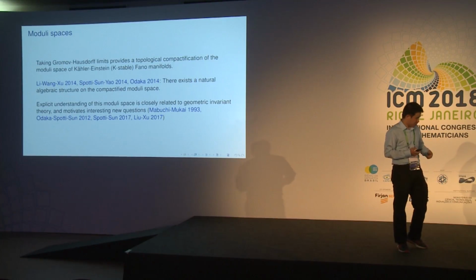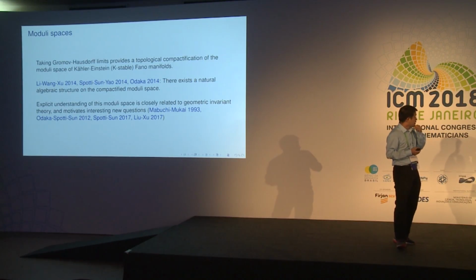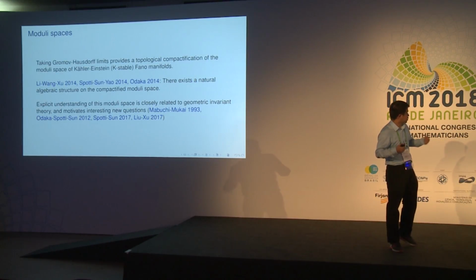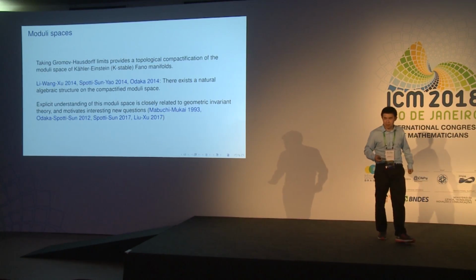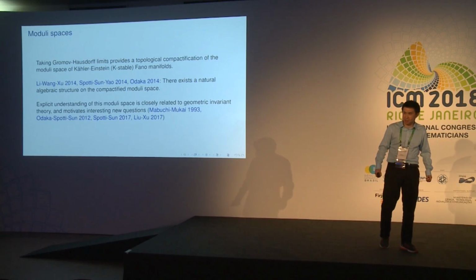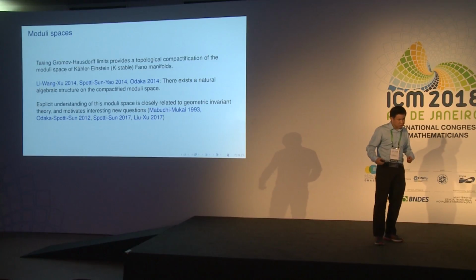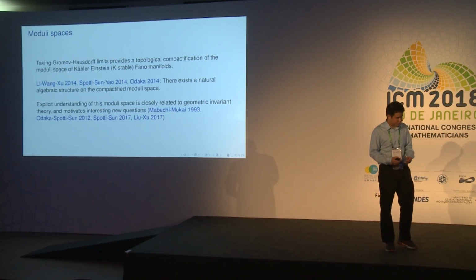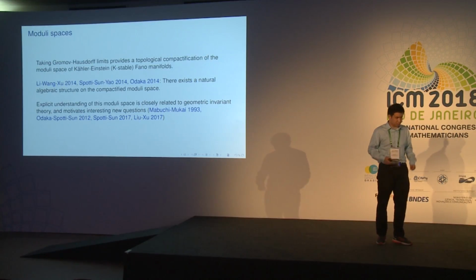So the third topic is on moduli spaces. If we just consider K-stable Fano manifolds, these are algebraic objects. Now we put Kähler-Einstein metric on it. They are canonical. Then we just take Gromov-Hausdorff limits. We will get algebraic objects, which are singular varieties.